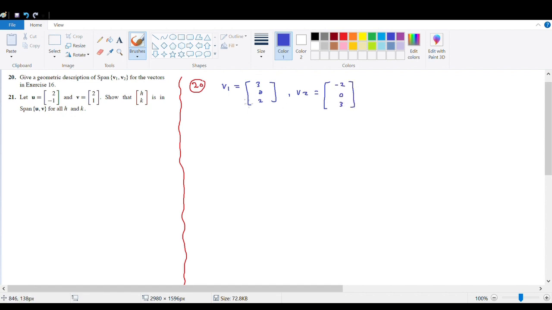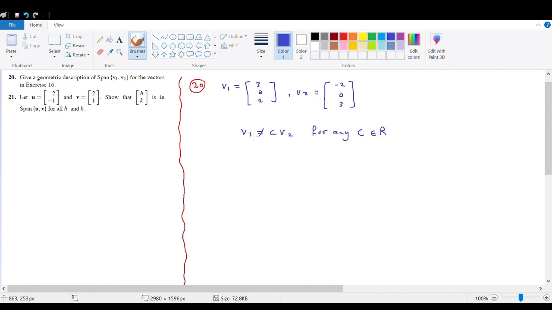These two vectors are not multiples of each other because we cannot write V1 equal to C V2 for any C in R.